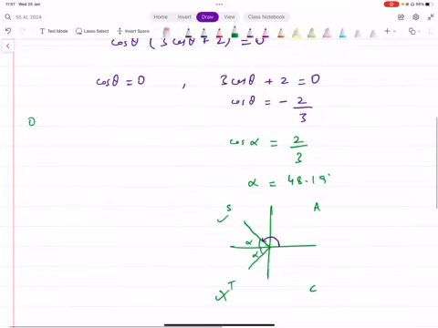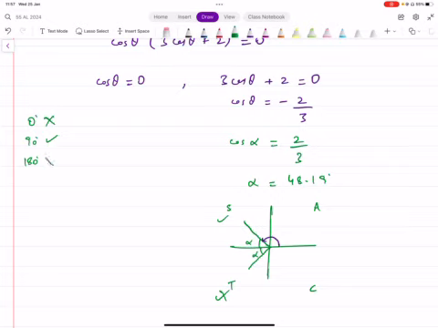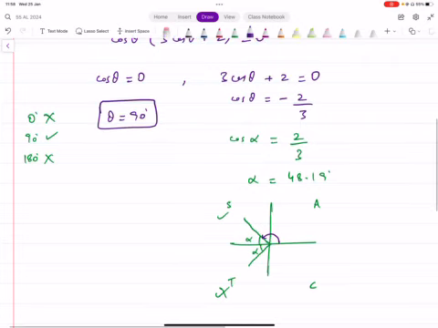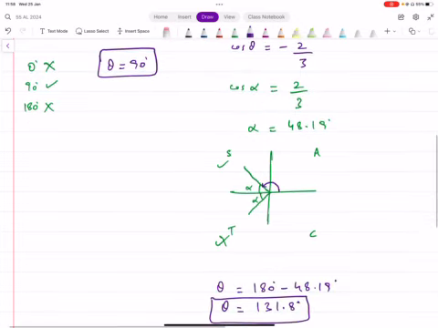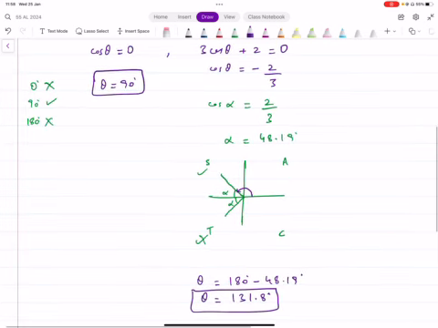Check 0, check 90 and 180 and see which one of them satisfies. 0 would not, 90 will satisfy, 180 would also not satisfy. So you'll get one answer from here, which is 90 degrees. ये आप डायरेक्टली बस आंसर लिख देंगे यहाँ पे. So you've got two values of theta that work, 90 degrees and 131.8 degrees. These are the two answers that we've got.